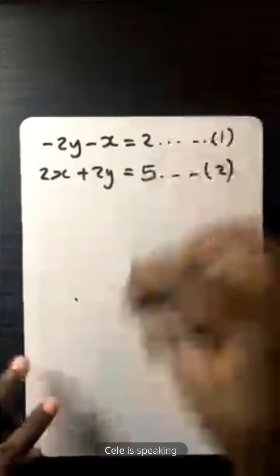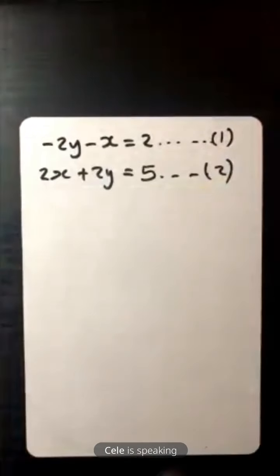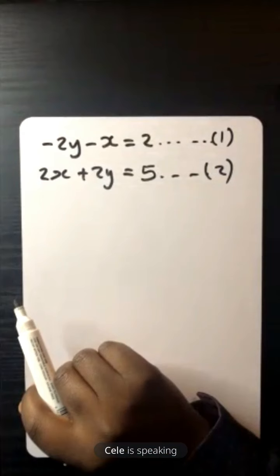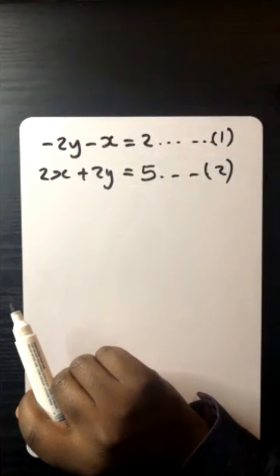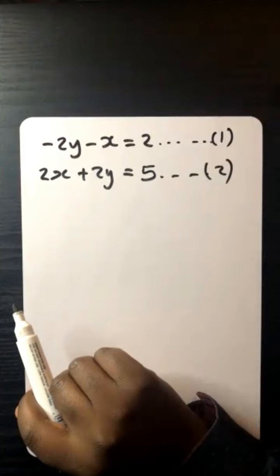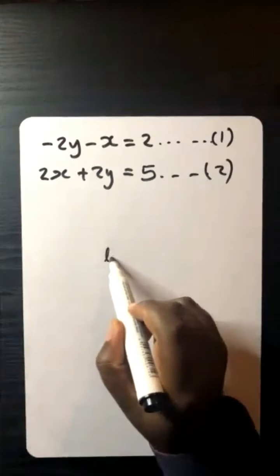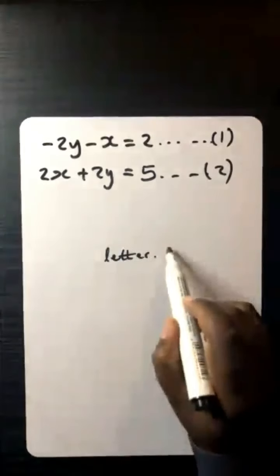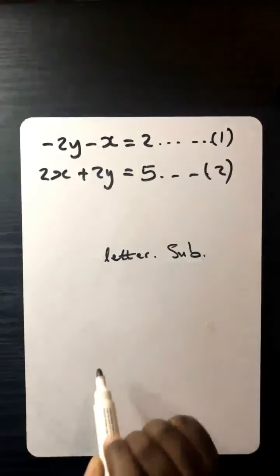Can you explain which method, like when we see a sum, which method must we use? How must we know whether to use the substitution method or the elimination method? Okay, so in this case, I would say if you can easily make a letter the subject of the formula, use the substitution method.